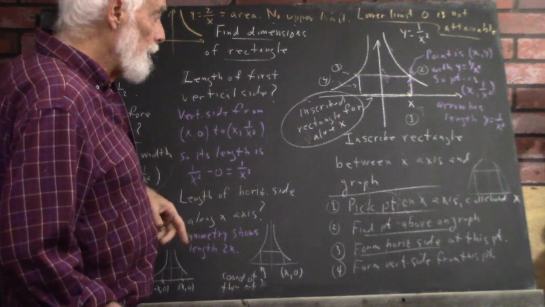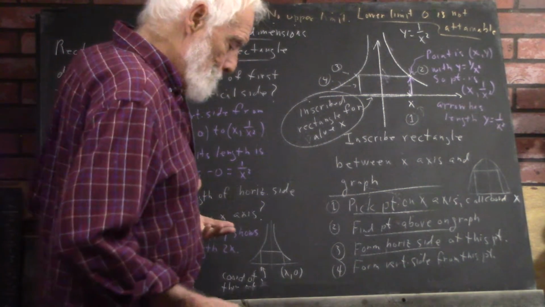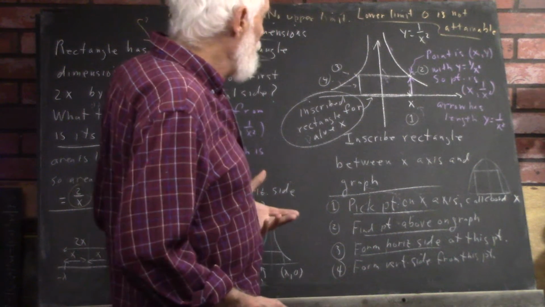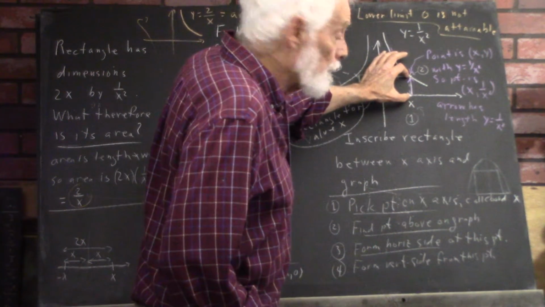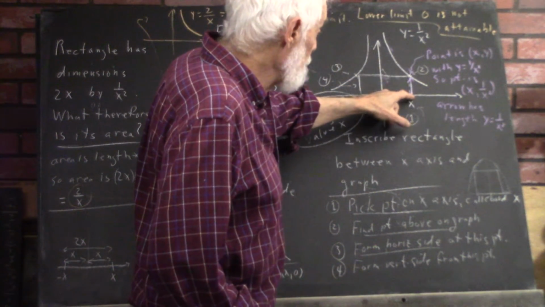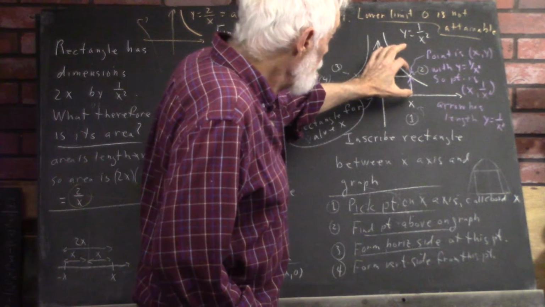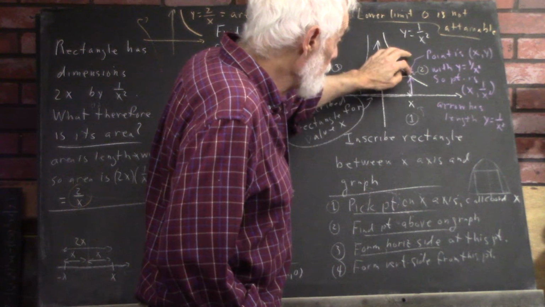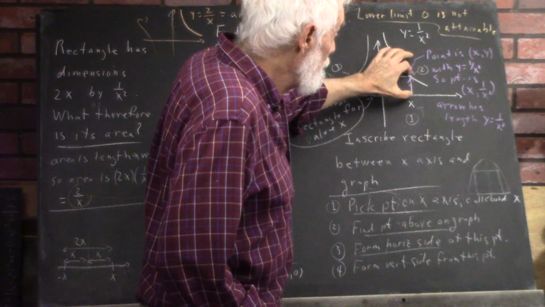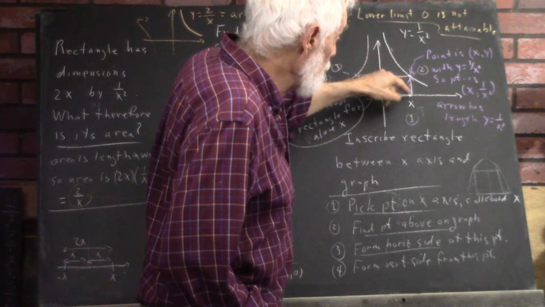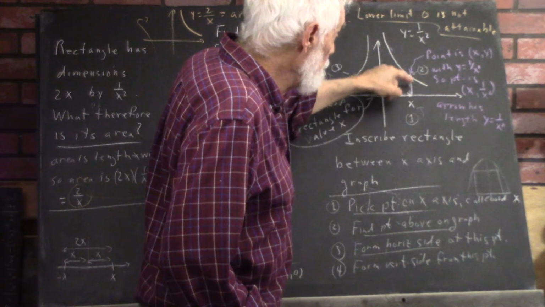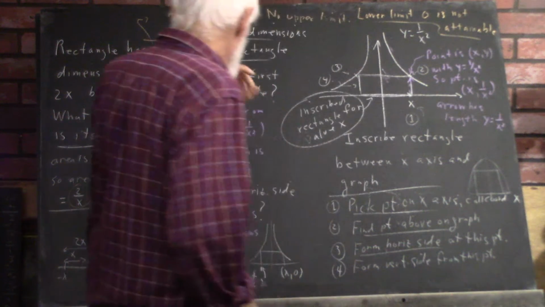The vertical side's length is just equal to the y-coordinate here, because we're going from the x-axis up to this point. So the question is, what's the y-coordinate at this point? Once we have it, we know we're going from y equals 0 up to this y-coordinate.